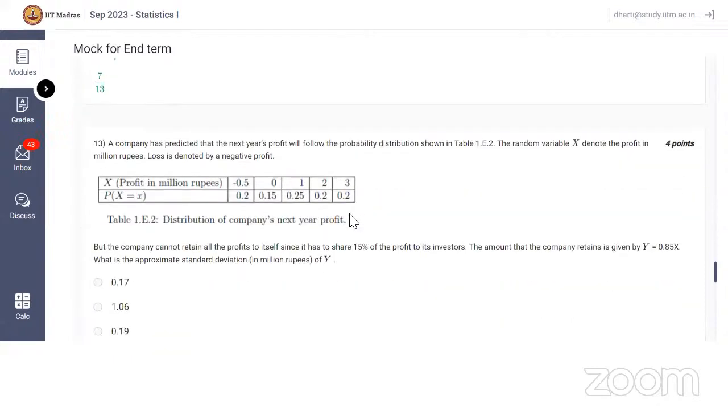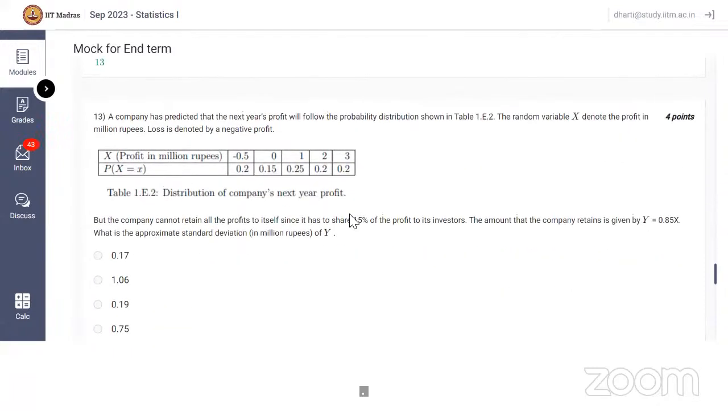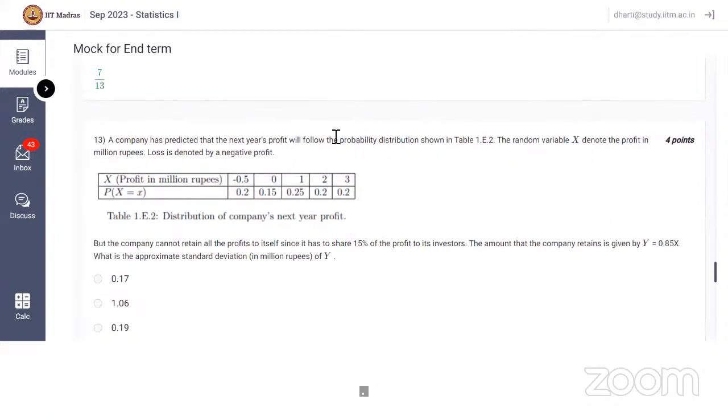Okay. Question number 13. A company has predicted that the next year's profit will follow the probability distribution as shown in the figure table. The random variable x denotes the profit in million rupees. Loss is denoted by a negative profit. They have mentioned this loss is negative 0.5 and this is profit, and probability is also given there.